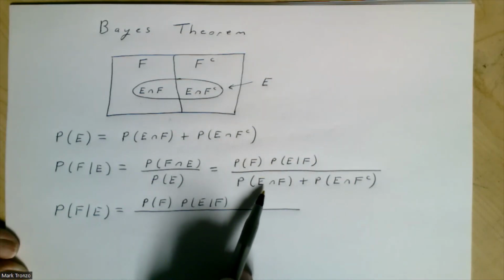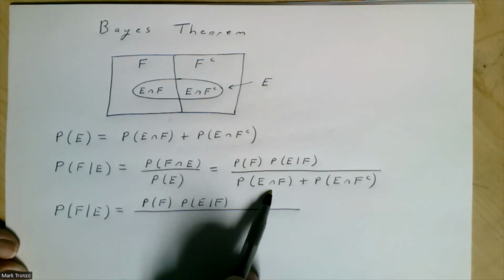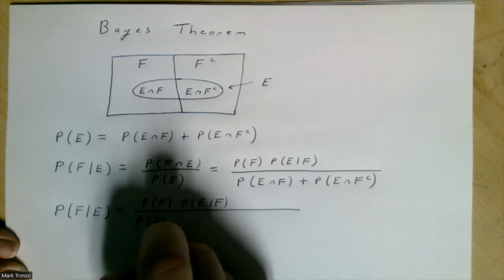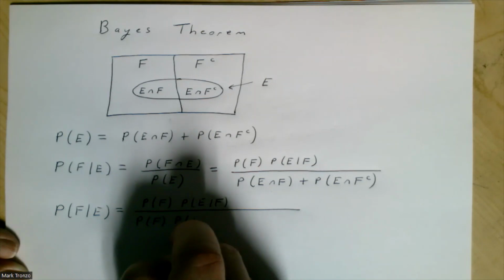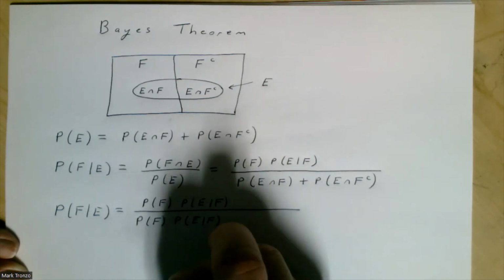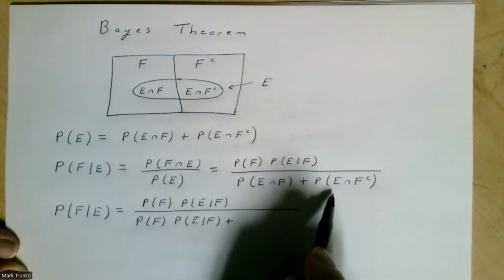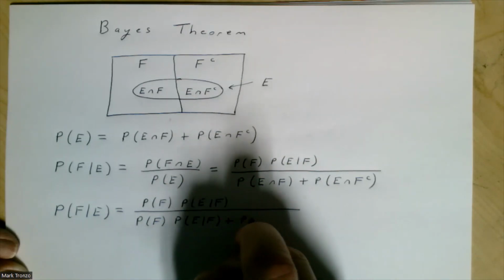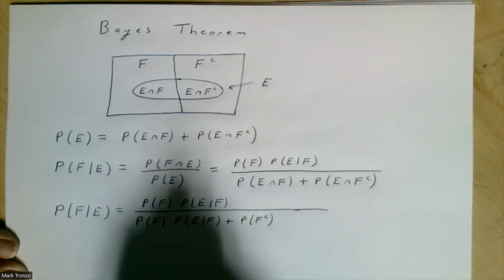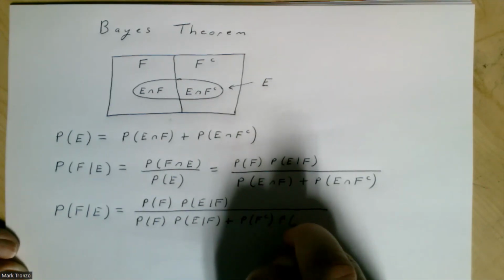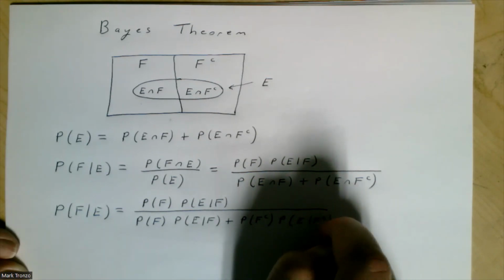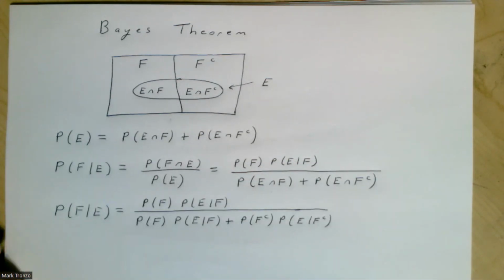And so, again, we can replace this with the probability of F times the probability of E given F, plus the probability of F complement times the probability of E given F complement, like that.